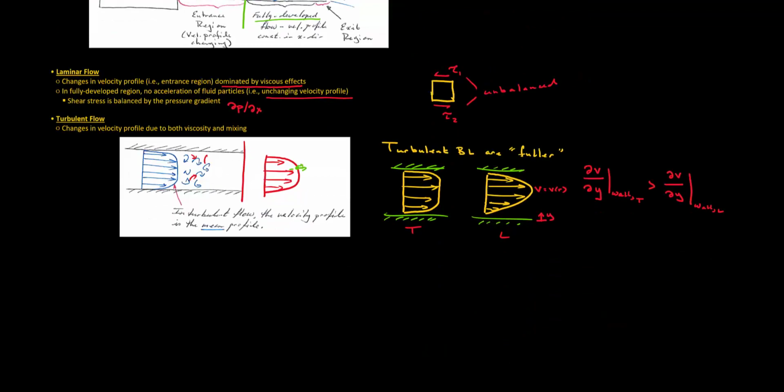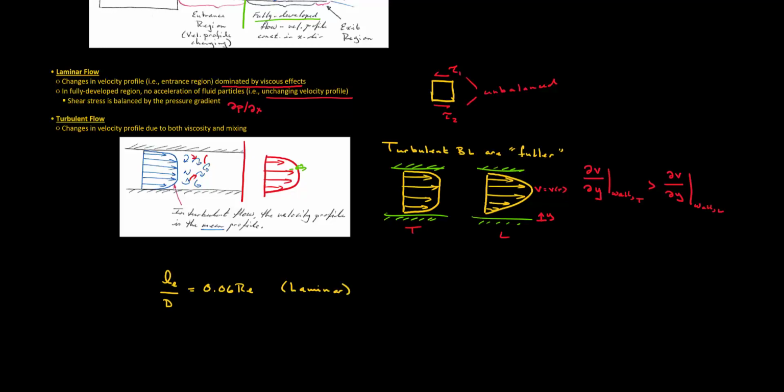Now, entrance lengths have been determined for different types of flows. So the entrance length, which we call LE, for a laminar flow takes this form over here.